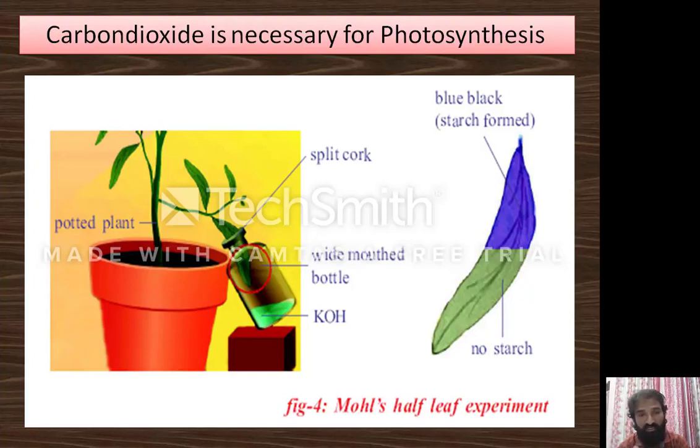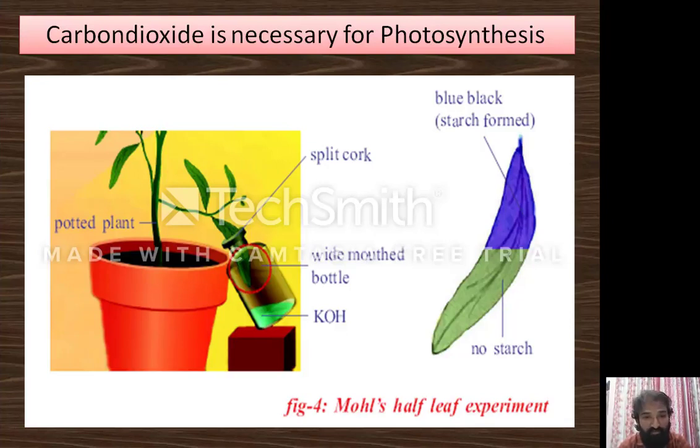After the 3 days, what will happen? In the dark there is no photosynthesis. Normally plants perform photosynthesis and synthesize food material, but in the dark room there is no photosynthesis, so there is no starch formation.